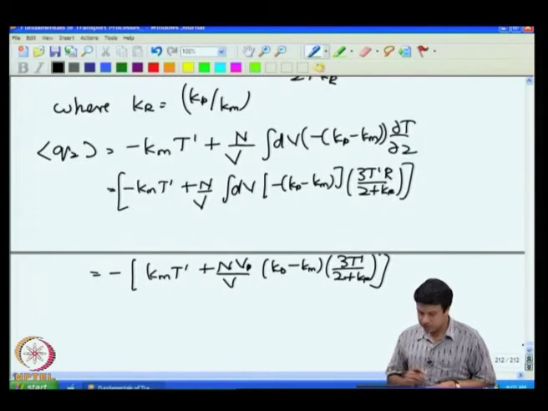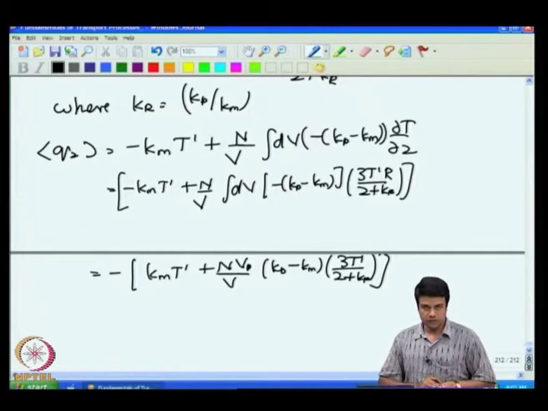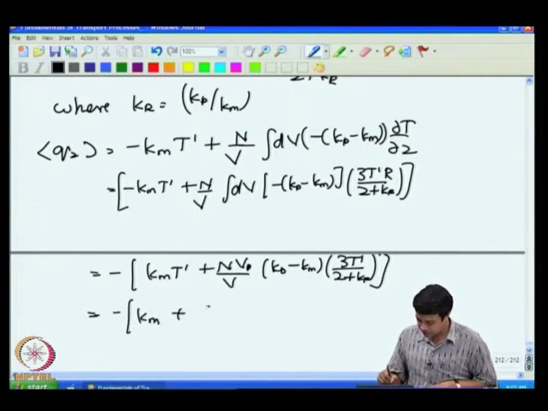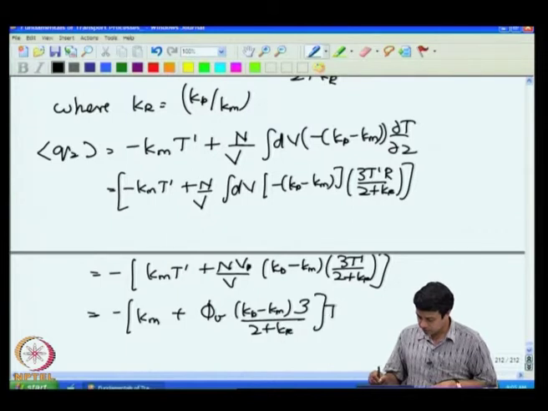The number of particles times the volume of one particle divided by the total volume is just the volume fraction. So, it is equal to minus of Km plus the volume fraction phi v into Kp minus Km into 3 by 2 plus Kr into T prime.